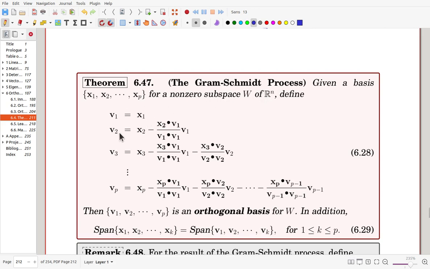Now v2 is the normal component of x2 after projected to x1, which is the same as v1. So after projection, we move this projection to the other side, and that is the normal component. Exactly the same way, x3 will be projected to v1 and v2.